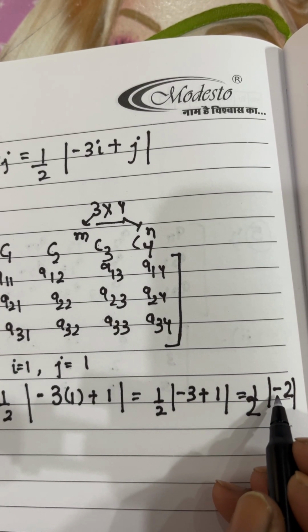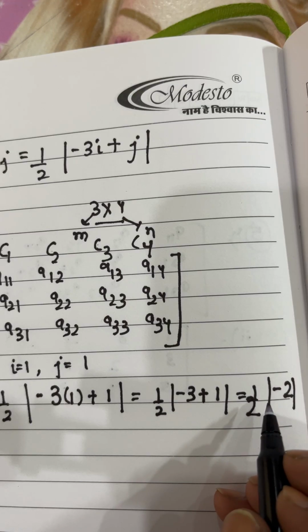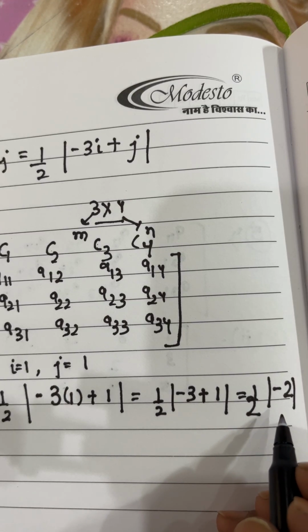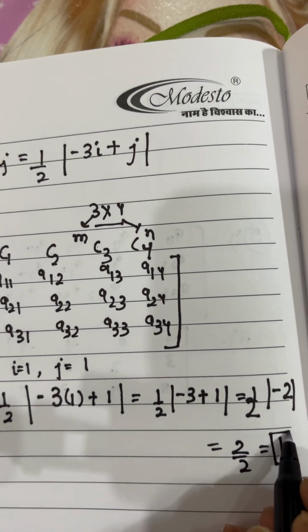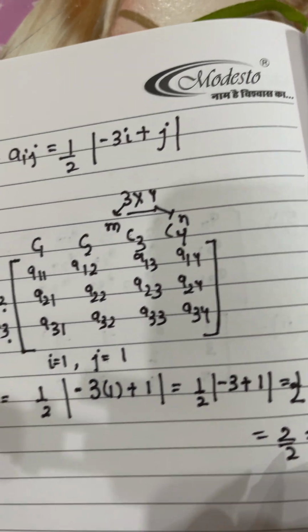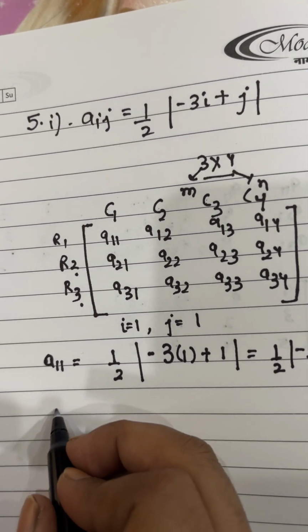When the minus sign comes outside the modulus, it will become positive. This is 2 by 2, that is 1. So A11 is 1.